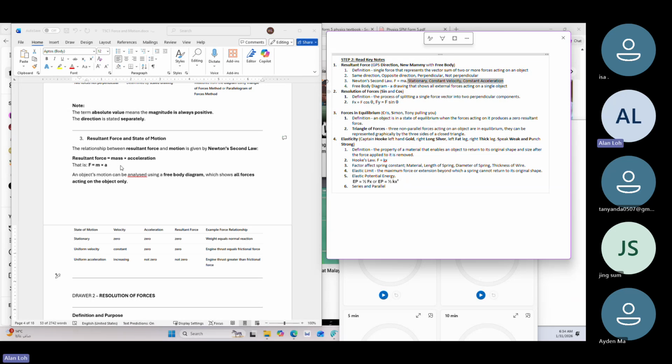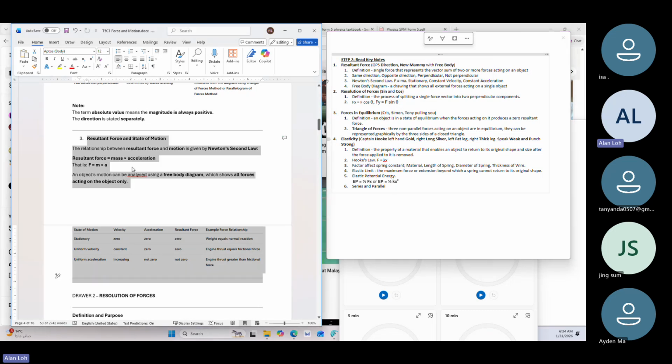And this is the skill number 3. Once you identify new information, what do you need to do? You need to know exactly where to store it. And where do you store it? You store it inside drawer number 1, which is called resultant force. Now you have this F equals ma, which is mass times acceleration. It's new information for you because you did not know what m and a are before reading this paragraph.